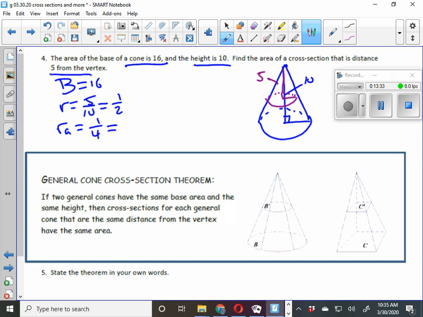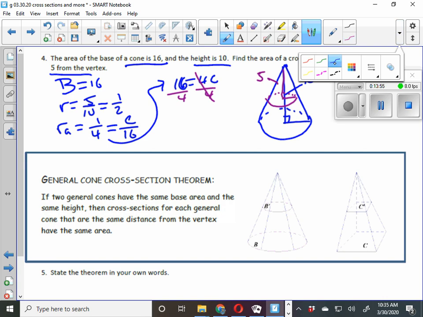And if I set that equal to my area ratios, I'm looking for the cross section over the base, which is 16. Cross multiply and solve. I'm going to come up here. We get 16 is equal to 4c. Divide by 4. Right? And we end up with c is equal to 4 units squared, whatever those units are.